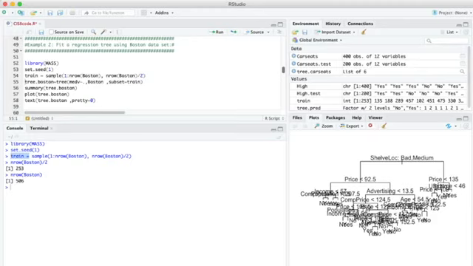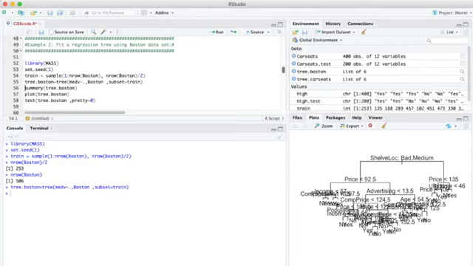Okay. And here we use the tree function. Again, I told you that the tree function can be used for both classification trees and also regression trees. So you just put that and it will automatically assume that this is a regression tree if the response variable is numerical. So this medv is regressed on all the other variables using the Boston dataset, where the subset is the training dataset.